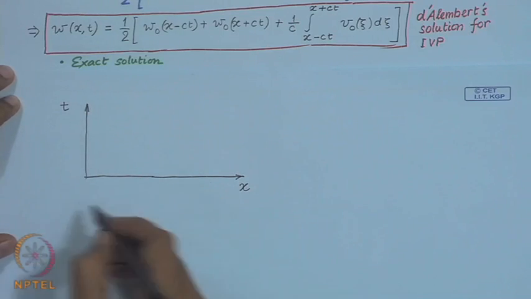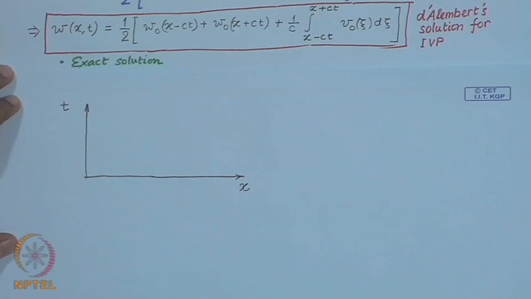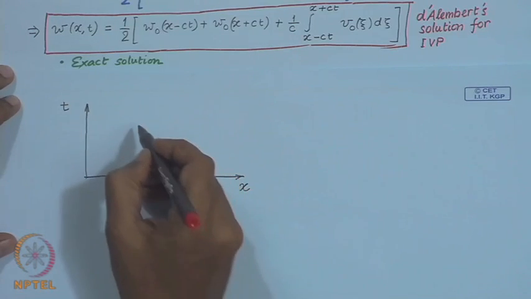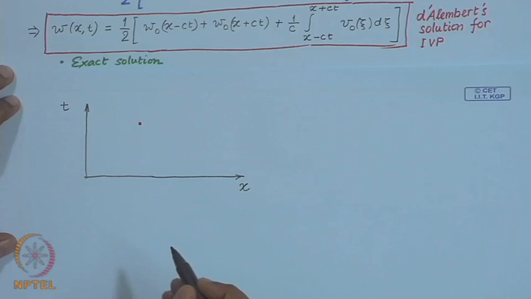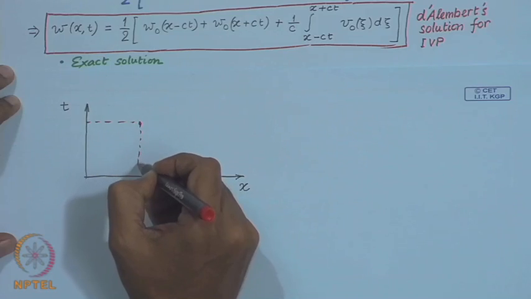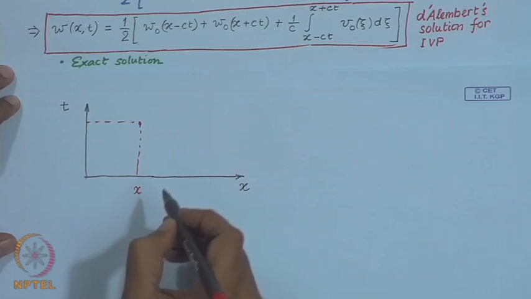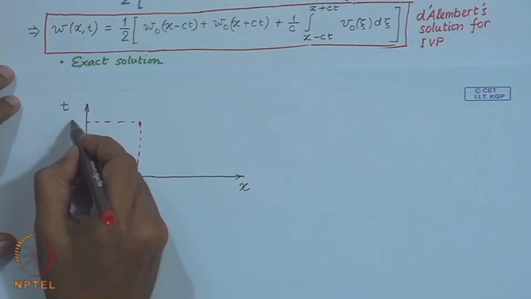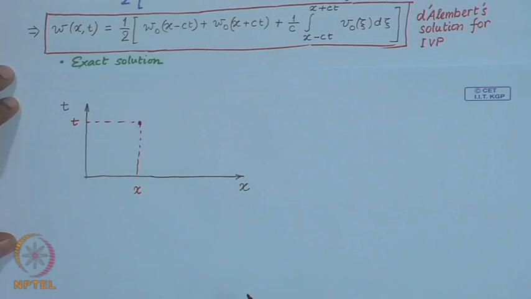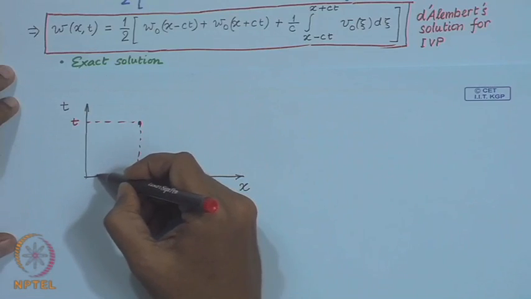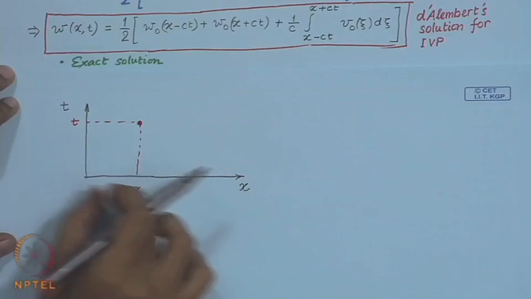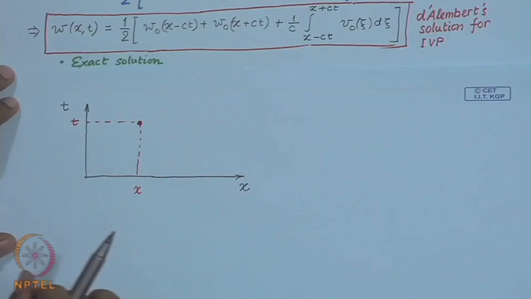Let us consider the space time diagram. We have seen in the last lecture that the solution at any point x t, let us say, is a summation of a positive travelling wave and a negative travelling wave.